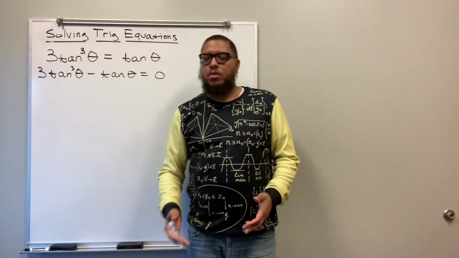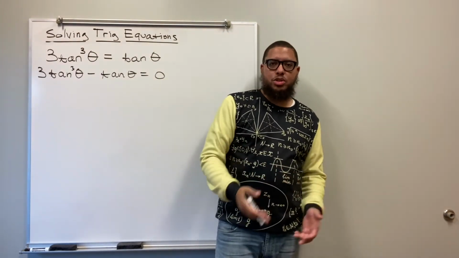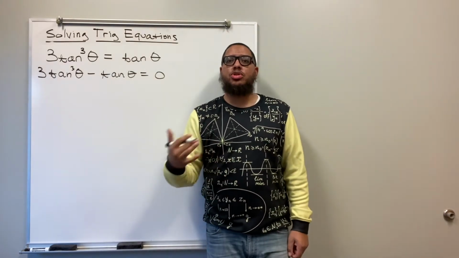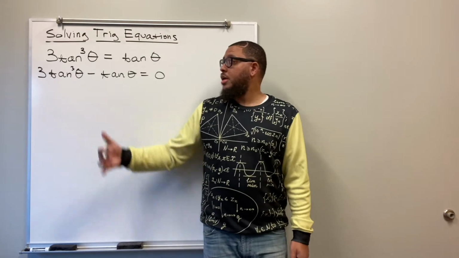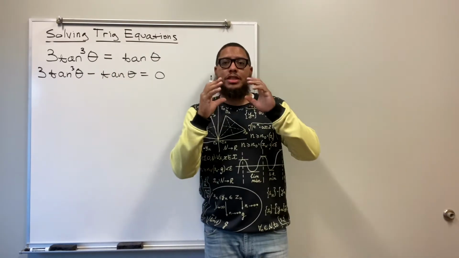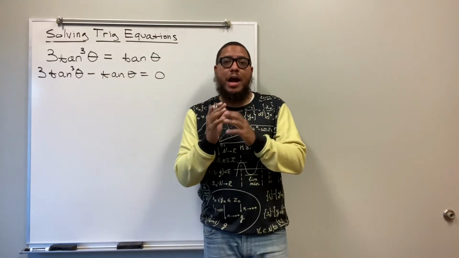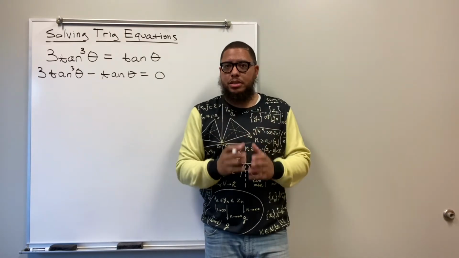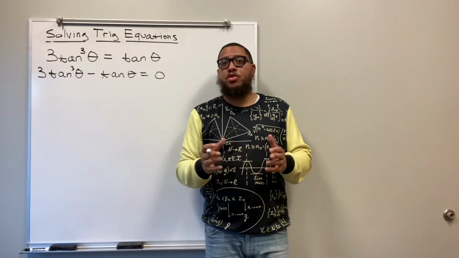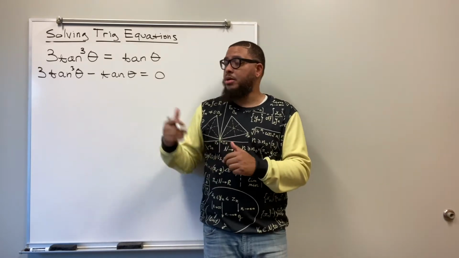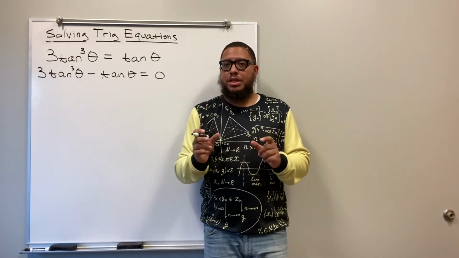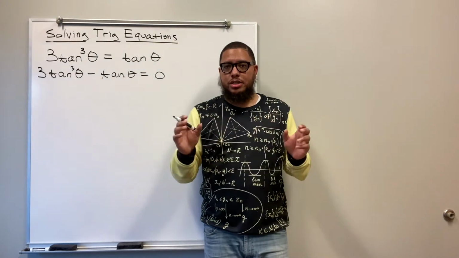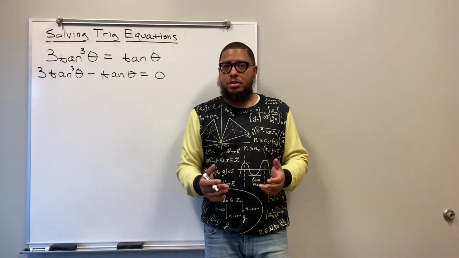Now, why am I doing that though? When we're doing math, we need to think about why we do what we do, because then that will help inform you as to what you should do in the next problem you see that looks like this. You do this so that you can have all your tangents on one side so you can factor out one of the tangents. Even if you don't end up with tangent in one place, because in this problem you're still going to end up with tangent in 2 different places, you want to factor so you can create separate equations, because sometimes you're going to have multiple equations, right?